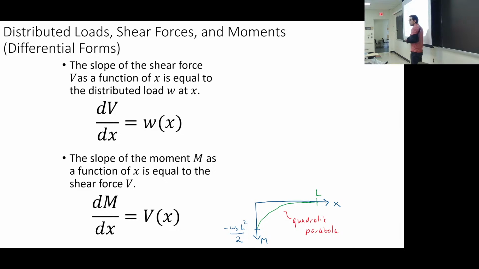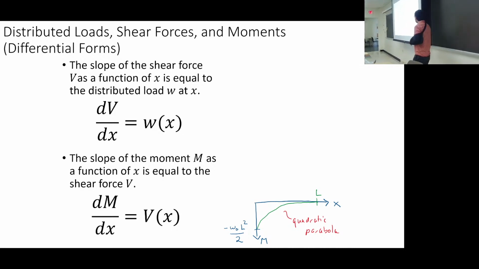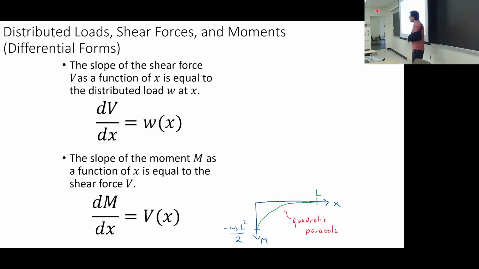So this is a quadratic. If I were to figure out the slope at every one of these points, that would tell me what the shear force is. Let's just say it were like x squared plus x plus 1.